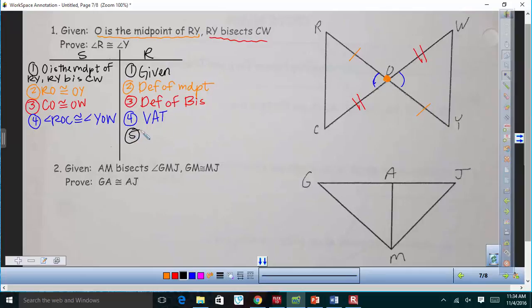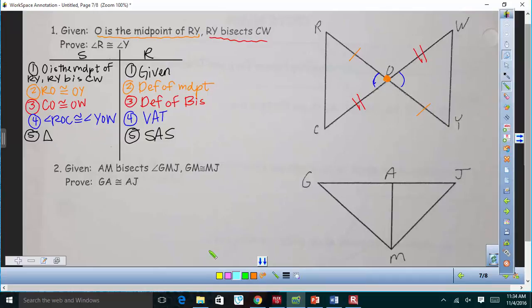Okay, now do we have enough to prove? Yes. Okay, what would we be proving by here? Side angle side. Very good, side angle side. And let me show you how to write. This is probably the thing that I see the most mistakes on, is how to write the triangles are congruent. So, R, see how R is on the side with the orange tick mark? Which letter in this triangle is on the side with the orange?